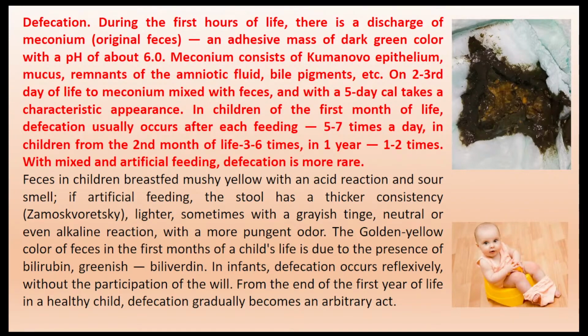The golden yellow color of feces in the first months of a child is due to the presence of bilirubin, and greenish biliverdin.